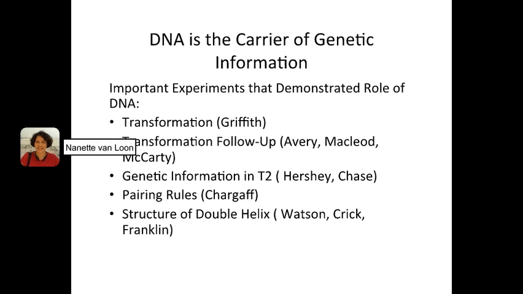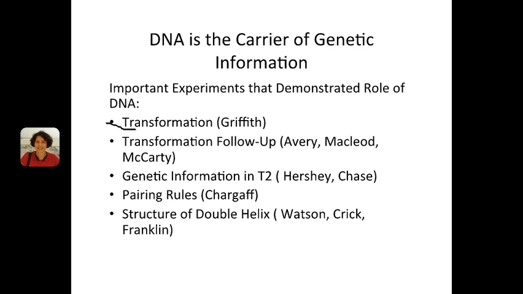The first part of the chapter describes several very important experiments that established DNA as the carrier of genetic information. And they were done in the 20th century, some early in the 20th century, some a little bit later.